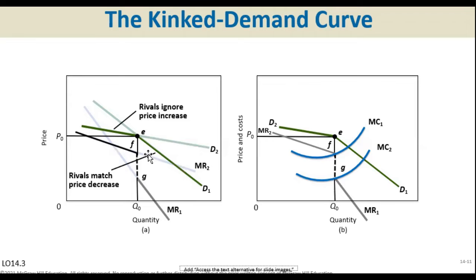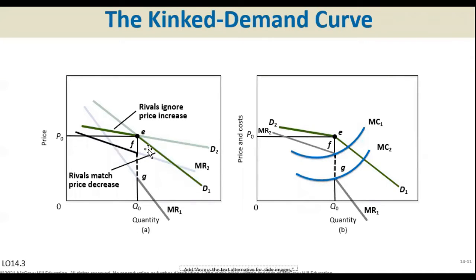Right, and these depend on whether the rival will match any price decrease, which is the straight line MR1 and D1, or ignore the price increase, here represented with the demand curve D2 and MR2.